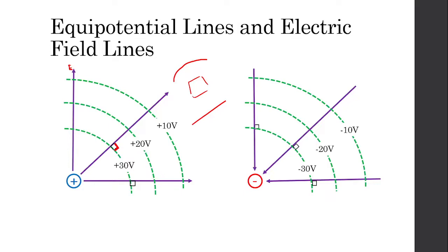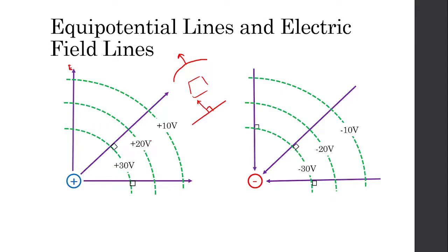The reason is that we're so small, we are zooming in onto the curve of the earth, and once you zoom in, it looks like a flat line. So when an electric field intersects that curve, what you end up seeing is just a 90-degree angle. So the electric field will always be perpendicular to the equipotential line.